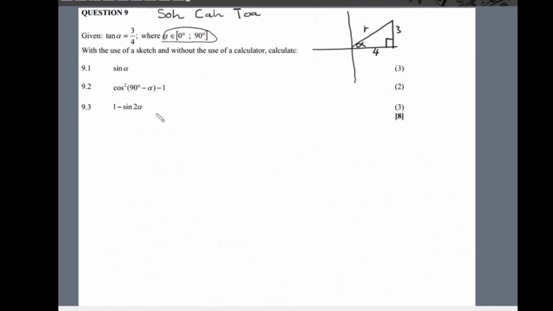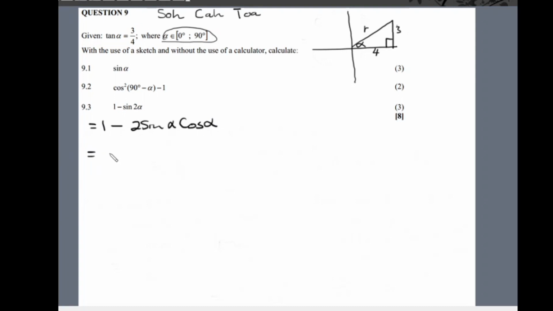So now going back to our question, in 9.3 we will have 1 minus 2 sine alpha cos alpha, right?